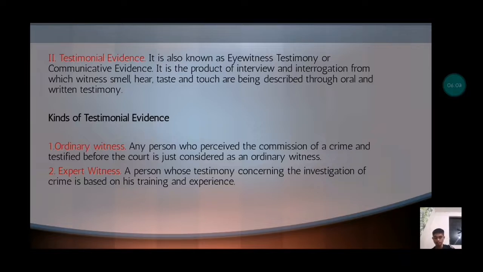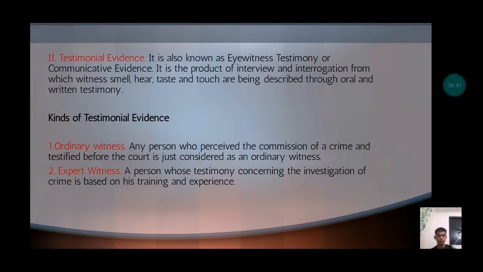Also, physicians who testify in court on matters perceived from their patient in the course of the physician-patient relationship are considered ordinary witnesses. A witness can testify only to those facts which he knows of his own knowledge, that is, which are derived from his own perception, except as otherwise provided in these rules.